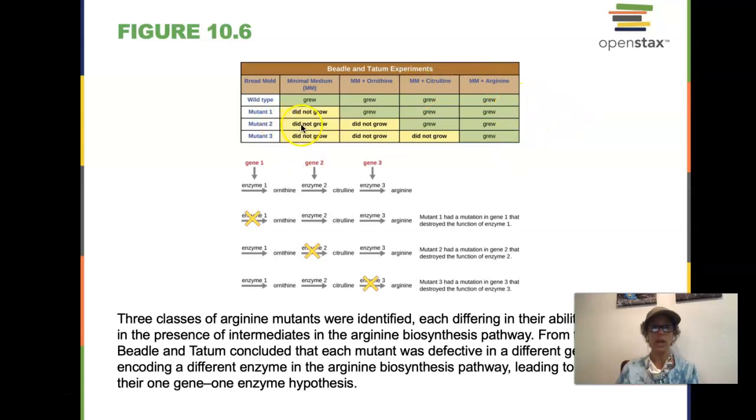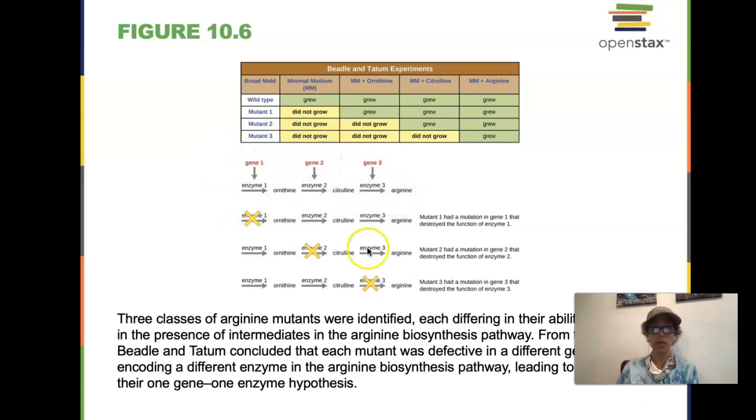Mutant 2 can't grow on minimal media, and it can't grow if you provide it with ornithine. And that means it doesn't have the enzyme to be able to convert the ornithine to the next step. We're trying to complete this entire metabolic pathway.